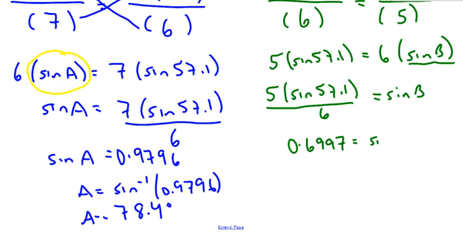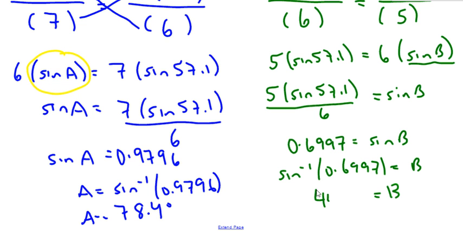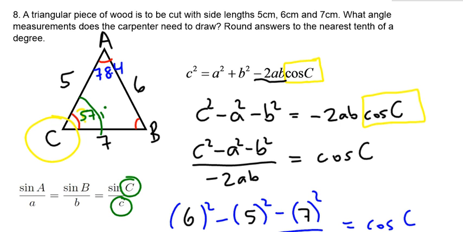0.6997 is sine B. So if I inverse sine, I'll know the value of angle B. So angle B is 44.4 degrees. So let's go add that on the diagram. Purple. Sure.